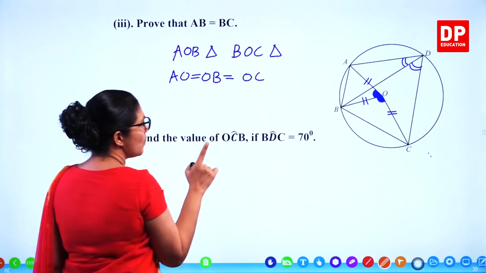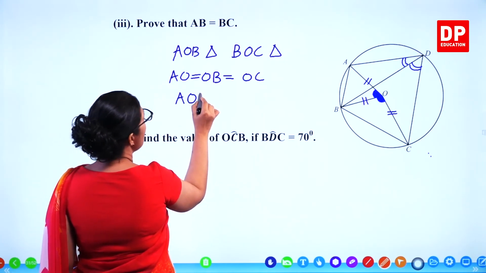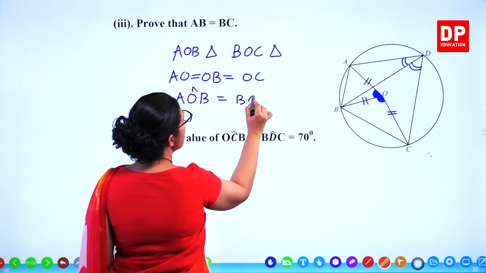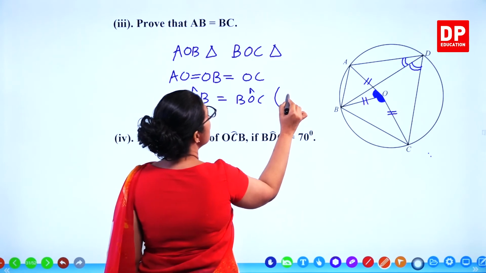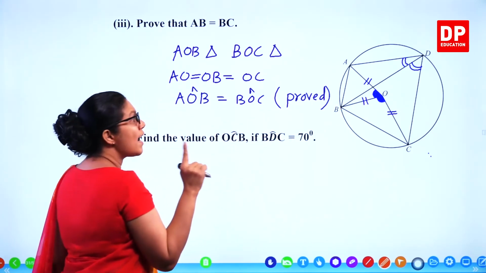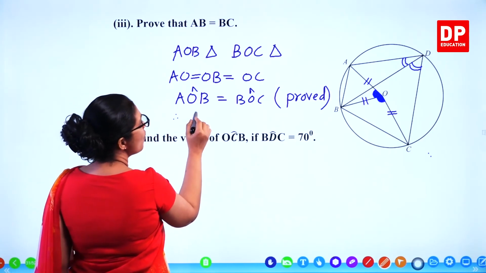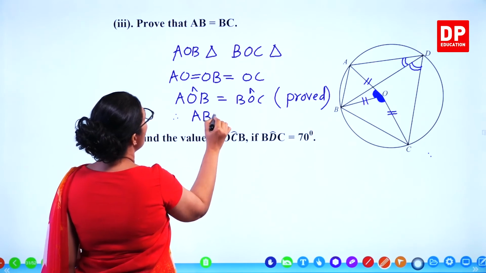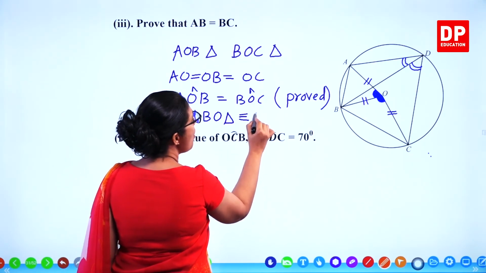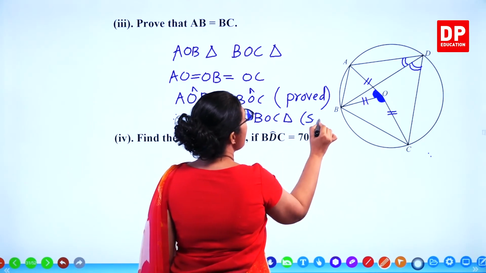All the lengths are equal. And the included angle is also equal. AOB is equal to BOC, that's proved in the previous part. So two sides and included angle. So you can say therefore AOB triangle is congruent to BOC triangle, SAS.